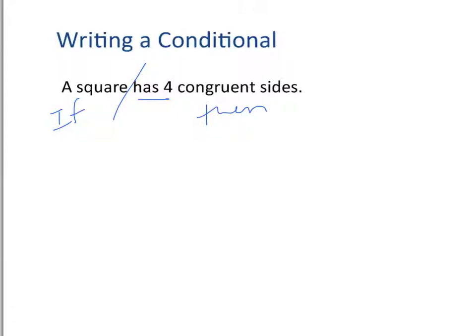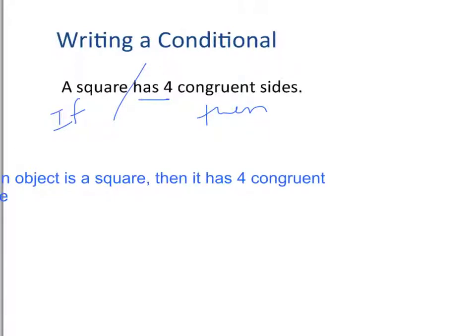Doesn't make sense. So I could do this a couple different ways. If an object is a square, then it has 4 congruent sides.